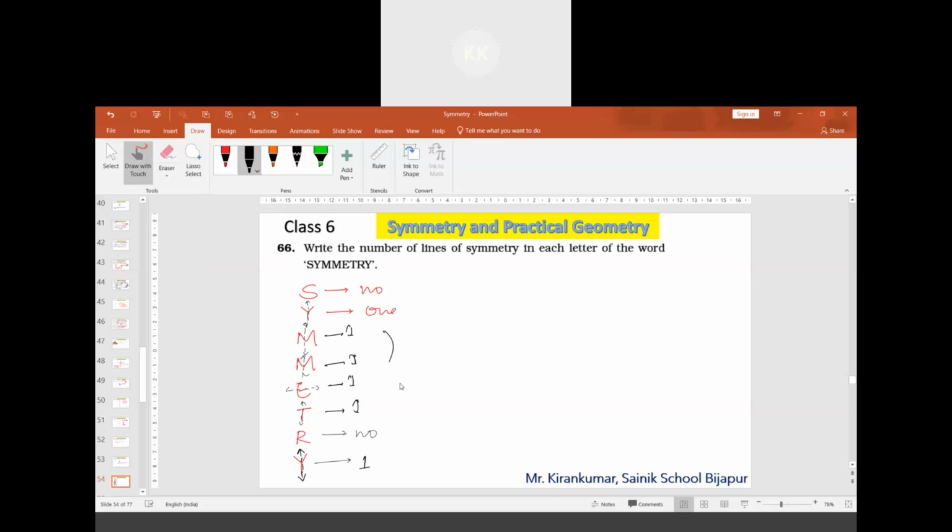So in all these cases there is one line of symmetry except S and R. S and R do not have any line of symmetry. The other letters have one line of symmetry.